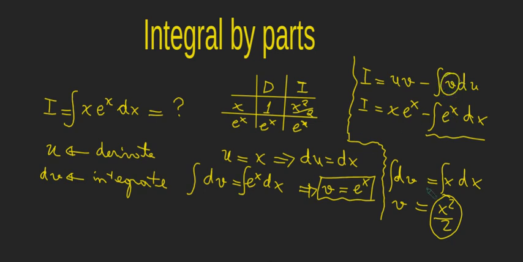It would be x squared divided by 2 times e^x dx, where v is x squared divided by 2 and du is e^x dx. So we would have a more complex integral than the previous one.